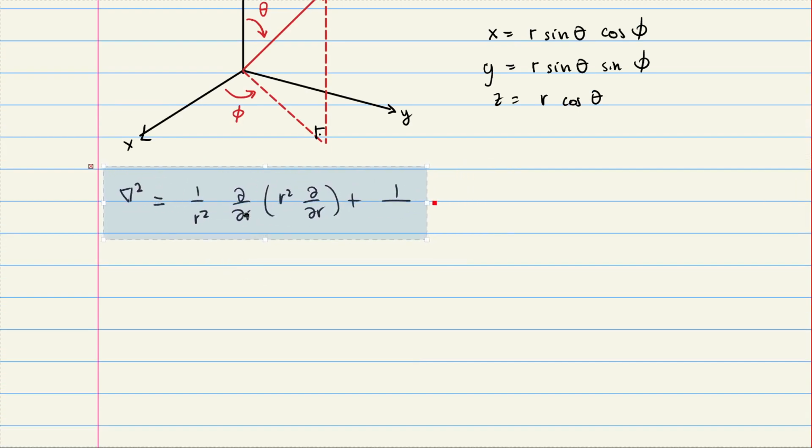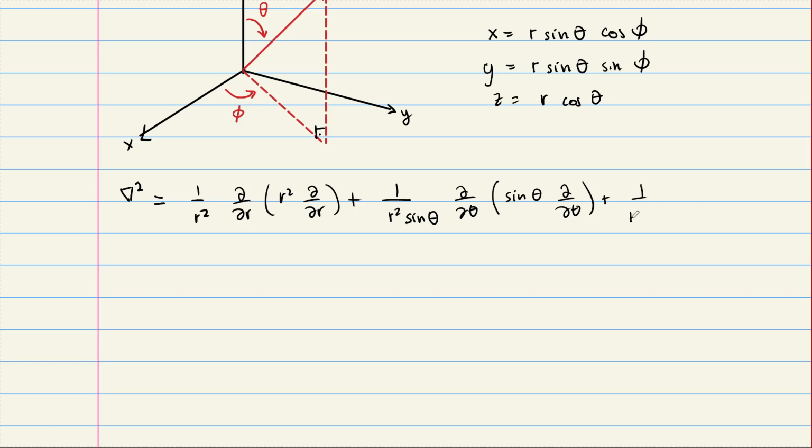So this is 1 over r squared, del del r of r squared del del r, plus 1 over r squared sine theta, del del theta of sine theta del del theta, and this one is 1 over r squared sine squared theta, del squared over del phi squared.